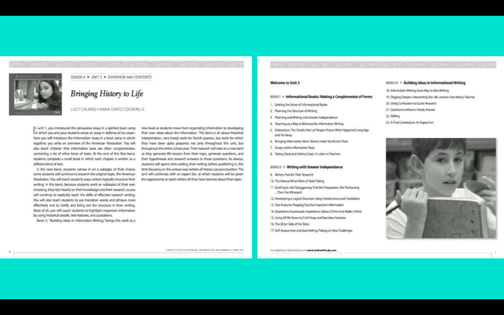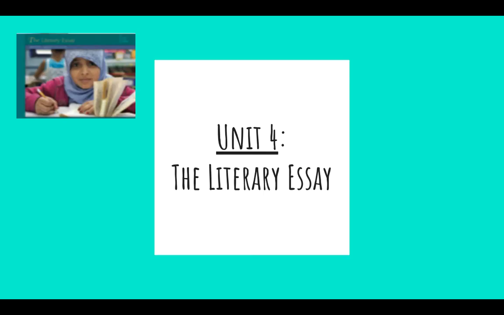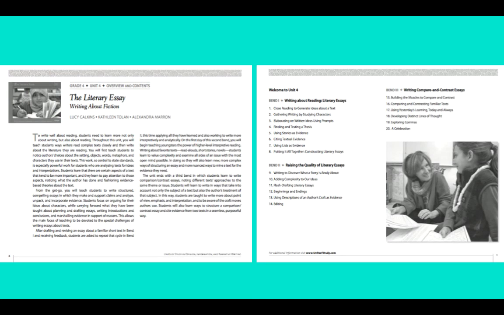Again, session names are listed so that you can see teaching points for the unit. Turn to pages 8 and 9. The last unit provided in the kit is titled The Literary Essay, where students will learn to write argument-based texts. You'll see a summary of this unit on page 8 and the bends and sessions associated with this unit on page 9.